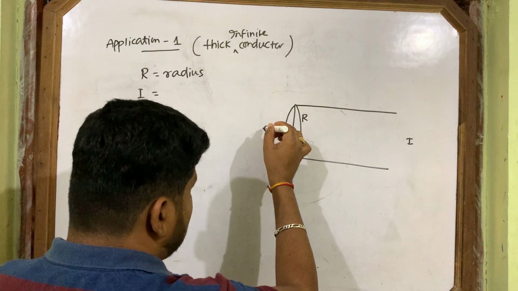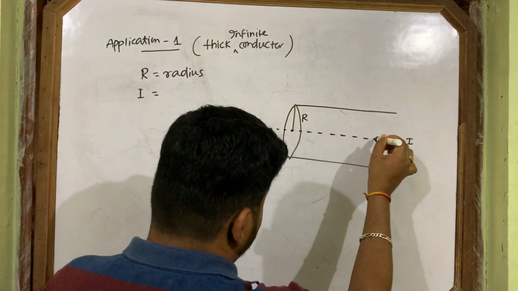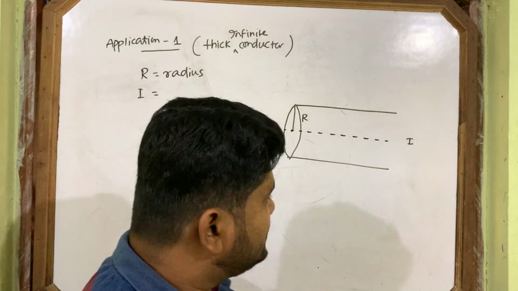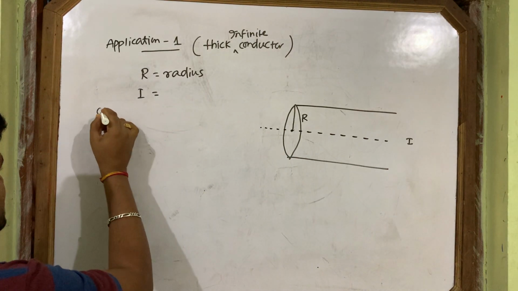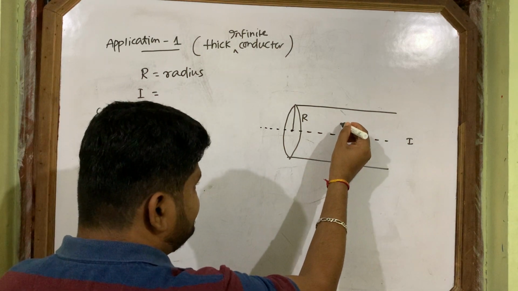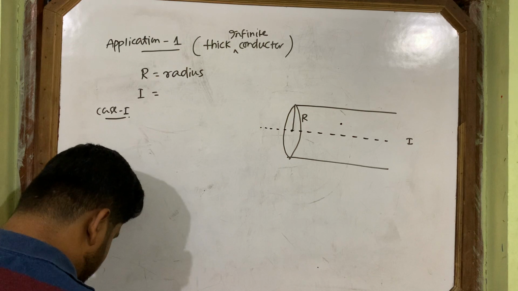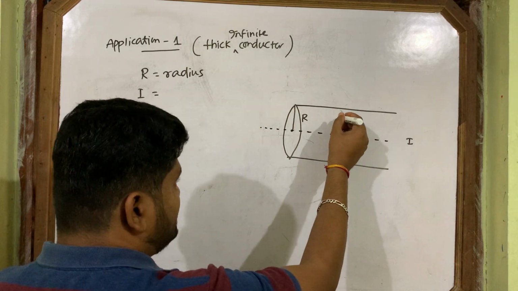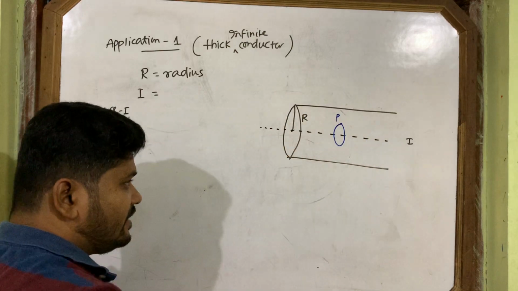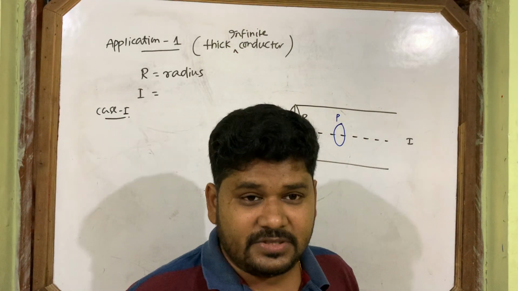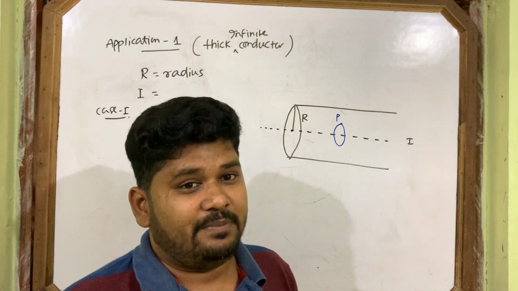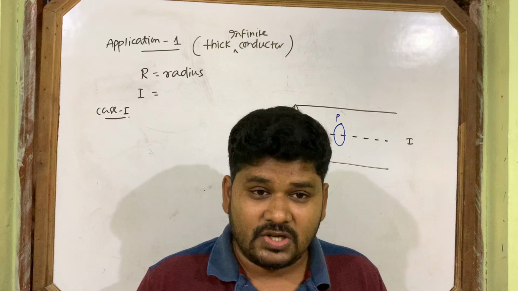Now this is the axis of the conductor. The middle line is the axis of the conductor. Now first do case 1, where point P lies inside. See, this is the point P, it lies inside. To find the field at point P, we have to draw one Amperian loop to apply Ampere's circuital law.